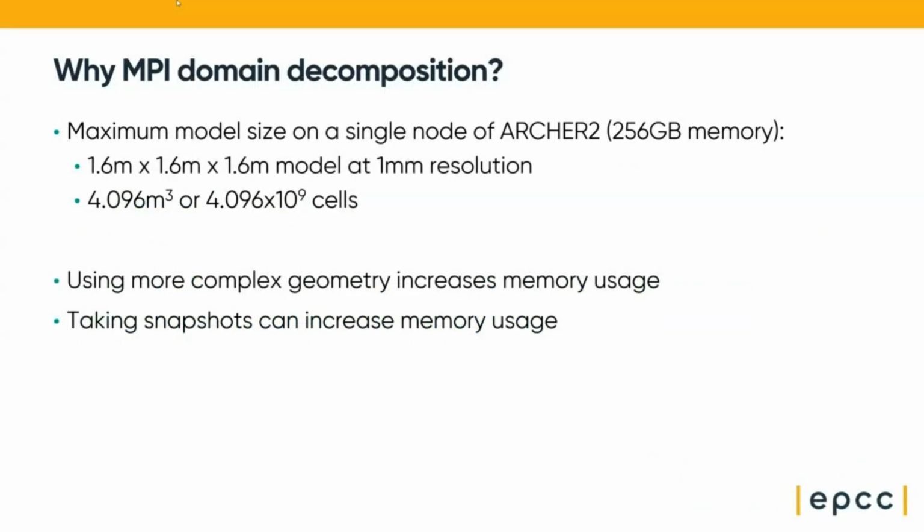So this was for the CPU solver. And the main target for this, whilst slightly performance, was mainly capability. So the maximum model we could run on, taking ARCHER2 as an example, with 256 GB of memory on a node, was 1.6 meters cubed at 1 millimeter resolution.